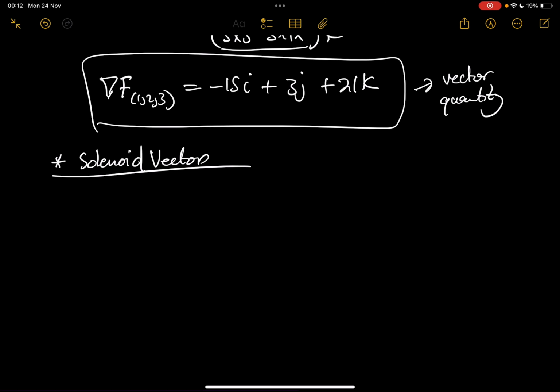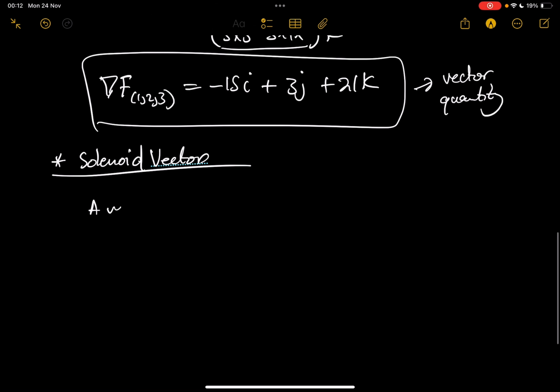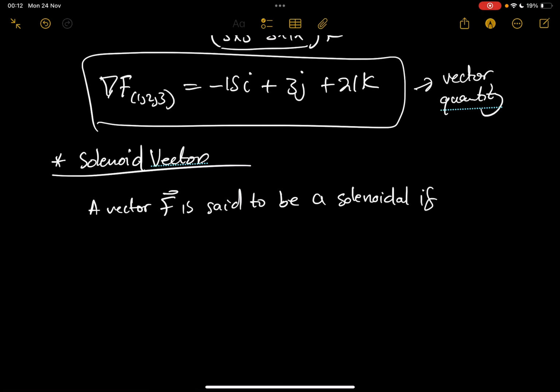A vector F is said to be solenoidal if the divergence of that vector is equal to 0.